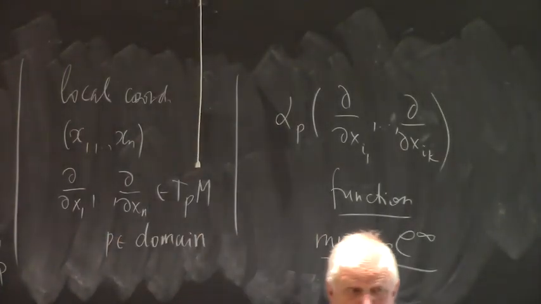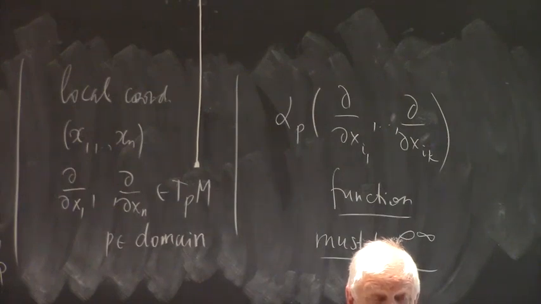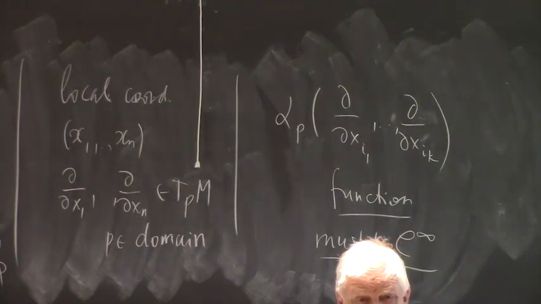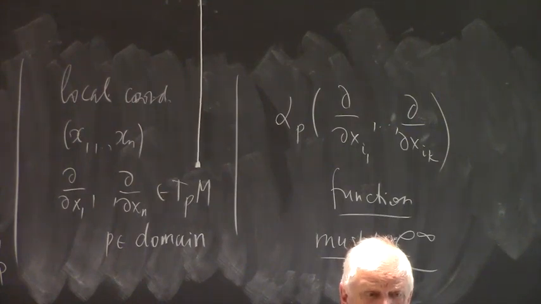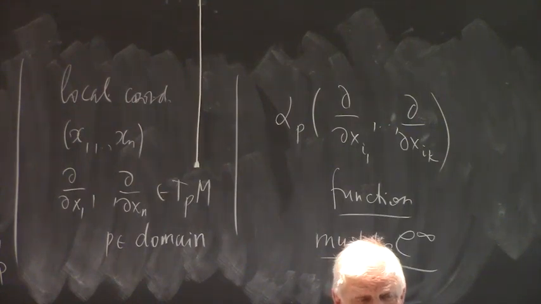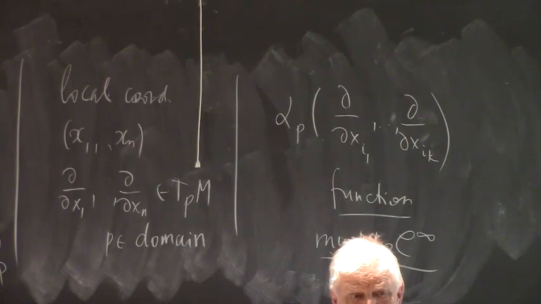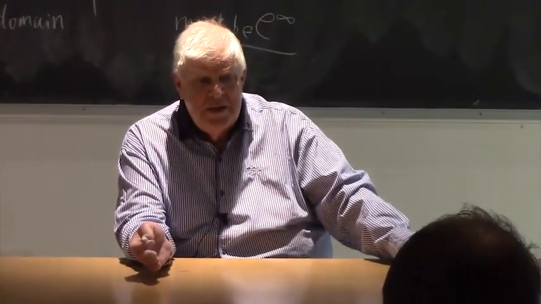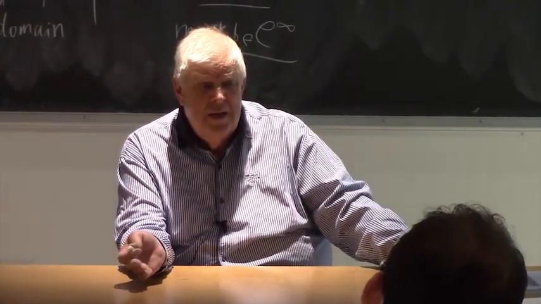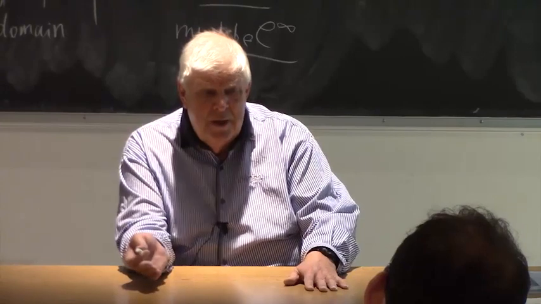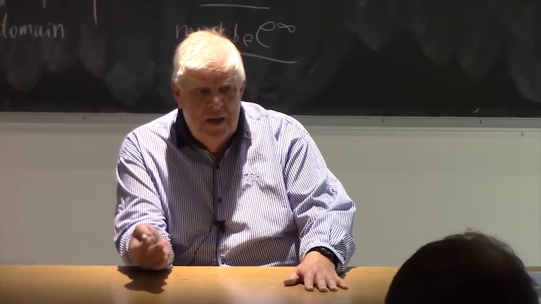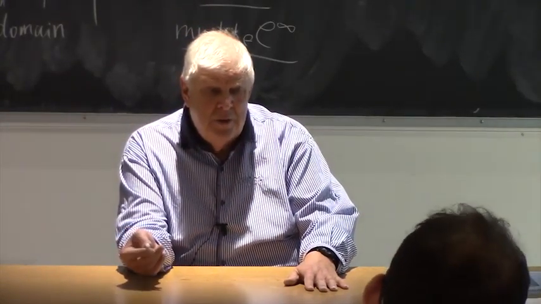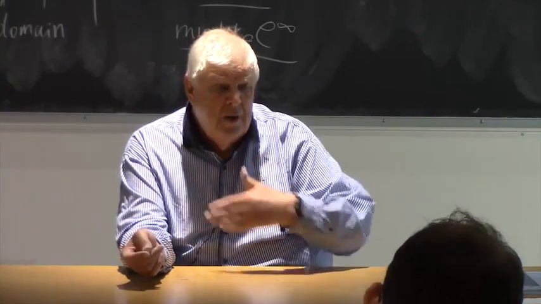This definition is good, but requires some work. And certainly I will not do this work. Because there are different local coordinates. And somehow we need to check that this doesn't depend on local coordinates, which is almost obvious, or simply obvious, because the transition from a local coordinate system to another local coordinate system is at every point done by linear summation, whose matrix is a Jacobian matrix, very much smooth.